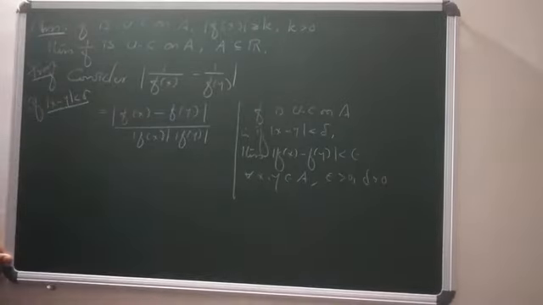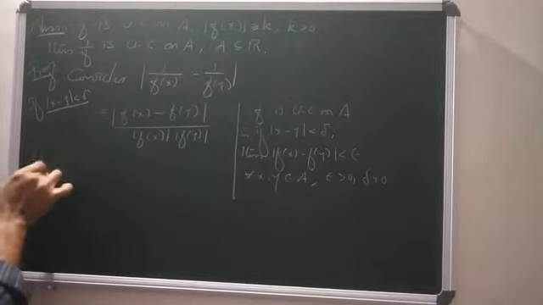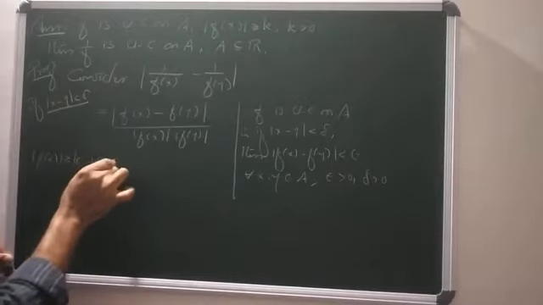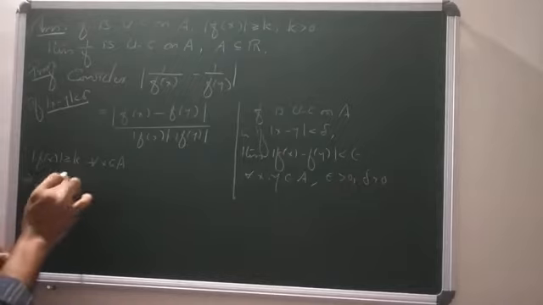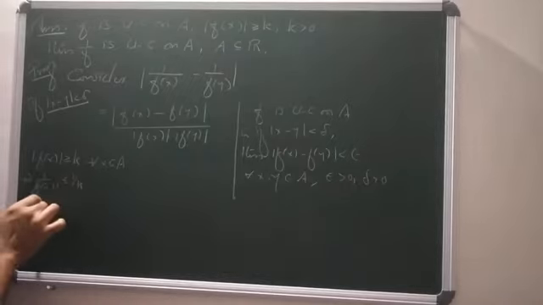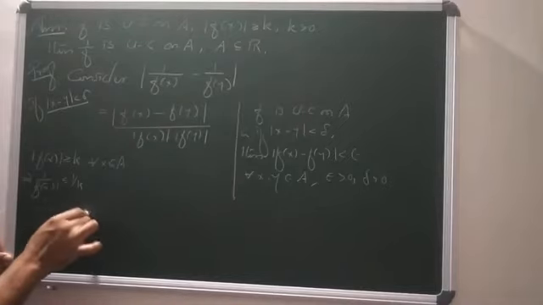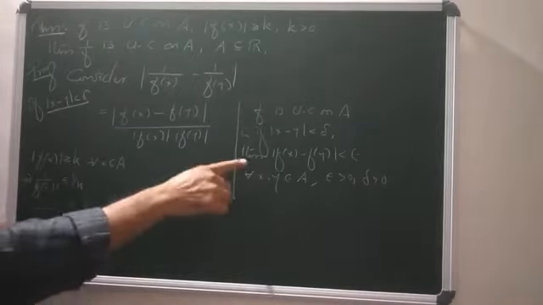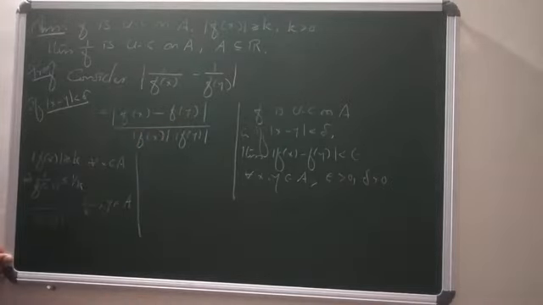Moreover, we know that modulus of f of x is greater than or equal to k for all x in A. So that implies 1 by mod f of x is less than or equal to 1 by k. Similarly, 1 by modulus of f of y is also less than or equal to 1 by k. Why? Because y is chosen again from A itself.